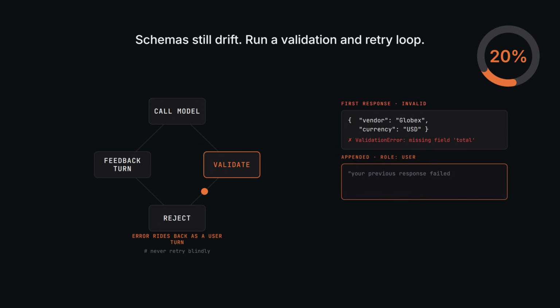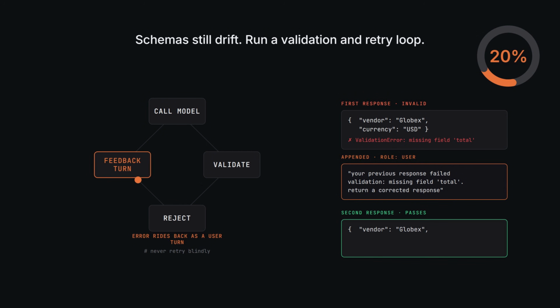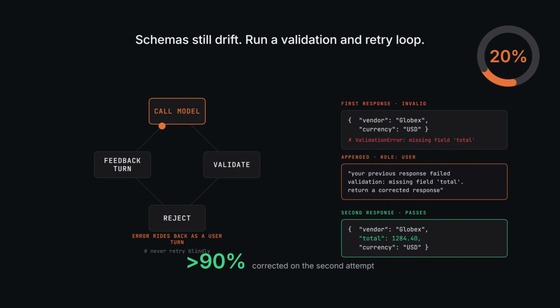You take the validator's error message, append it to the conversation as a user turn that says, "Your previous response failed validation with this specific error. Please return a corrected response." And you call the model again. The model now has its own previous output and the exact field that broke in context. And the correction rate on the second attempt sits above 90% in practice.